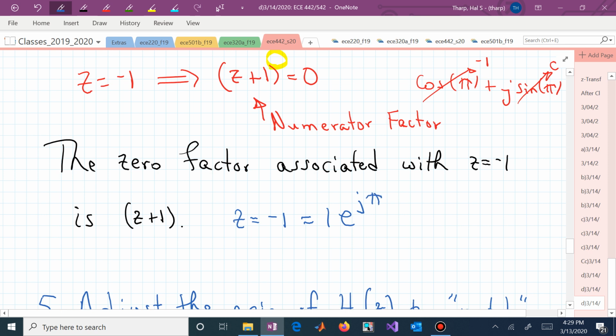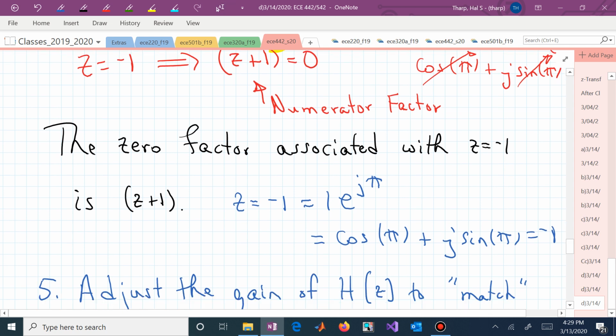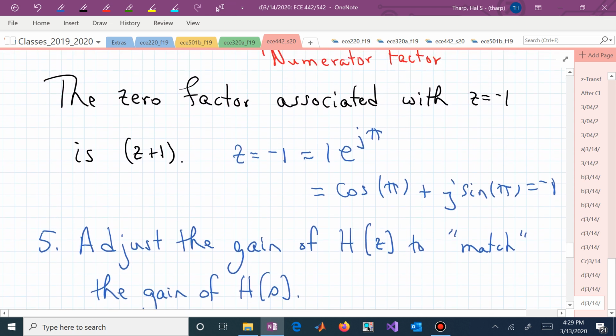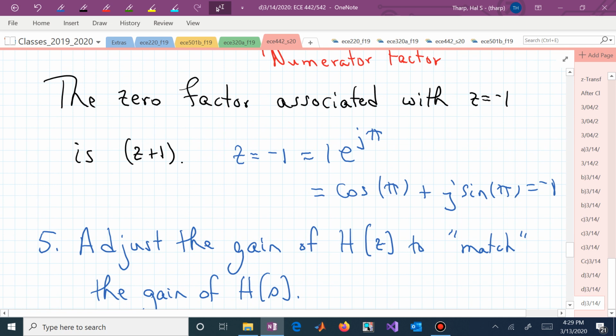Since minus 1 is actually 1 at an angle of 180 degrees, in radians that's pi, or this is now cosine of pi plus j sine of pi, and again, that ends up being minus 1. So once we've now mapped the zeros at infinity into the appropriate number of z plus 1 factors, now we simply need to adjust the gain of H of z to match.